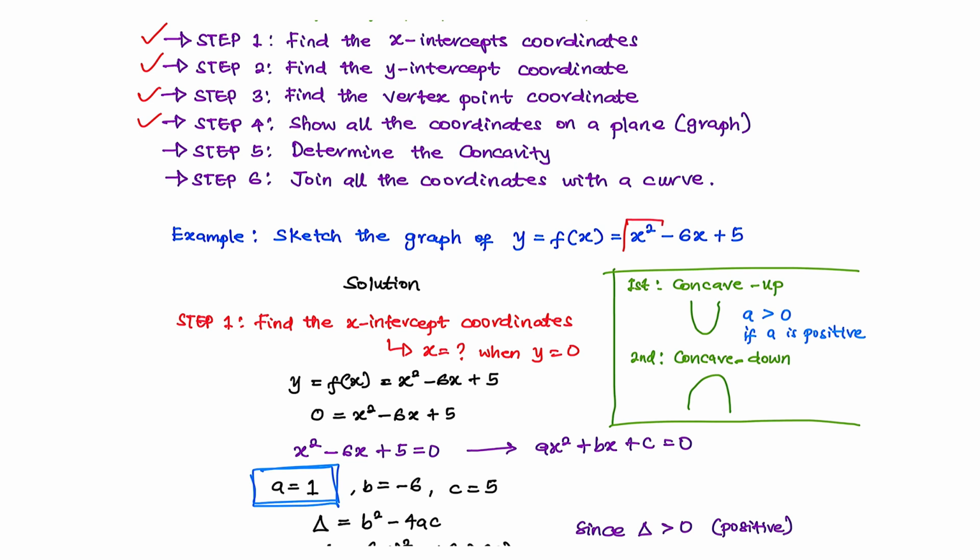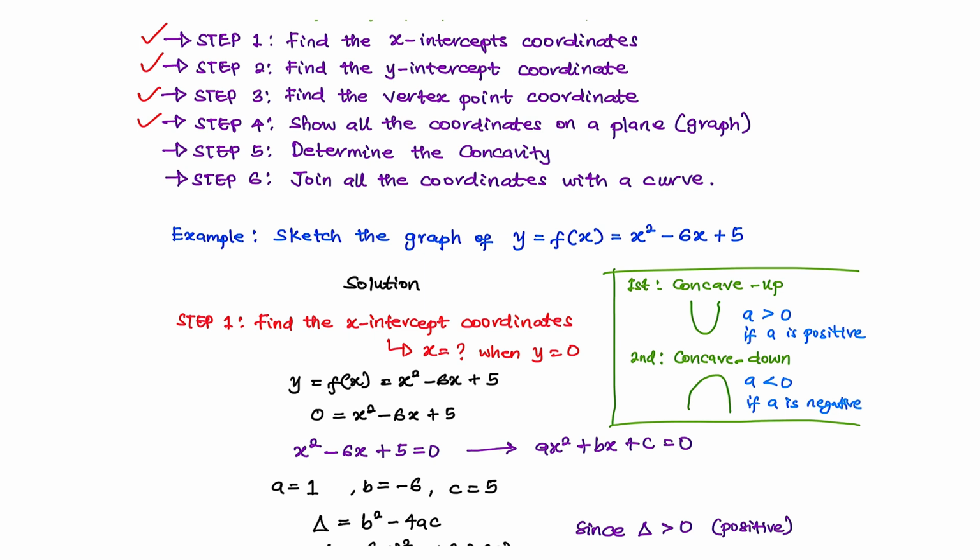A is the coefficient of x squared. So what is the number beside x squared? The number beside x squared is 1. So since A is 1, that is positive 1, that means A is greater than 0. That means we will have a concave up situation. So if a positive A gives us a concave up situation, that means if A is less than 0, if A is a negative number, we will have a concave down situation.